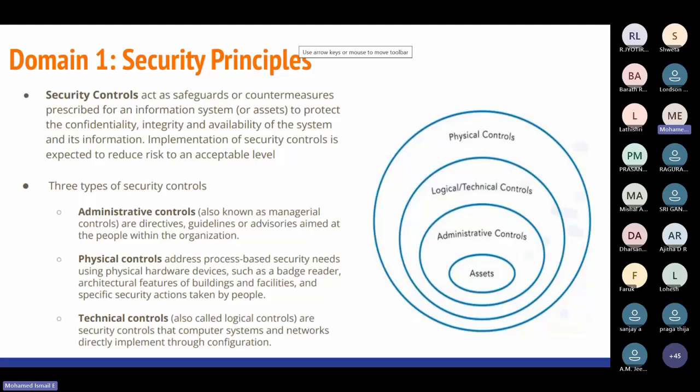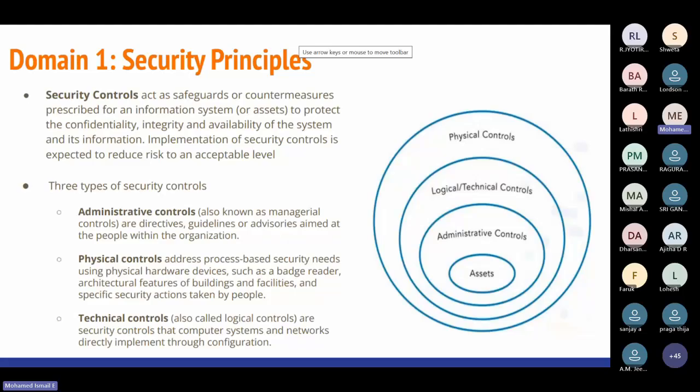For example, a firewall: what it does is block unwanted stuff. It may allow only allowed stuff from their security policy standpoint, or if they have URL filtering or a forwarding proxy, they allow only the respective business applications in their system. So, understanding administrative, physical, technical controls.